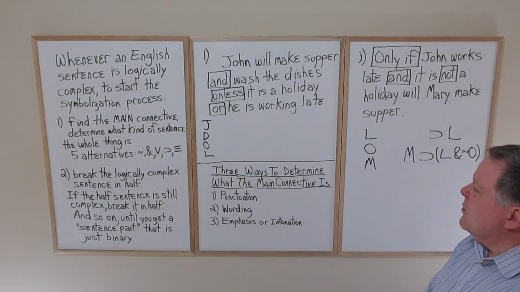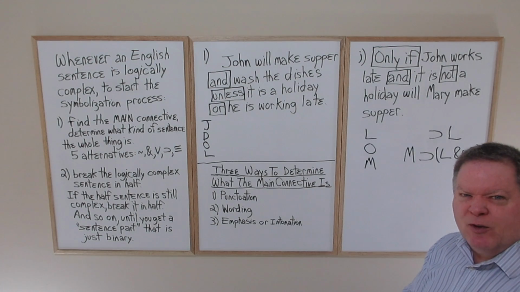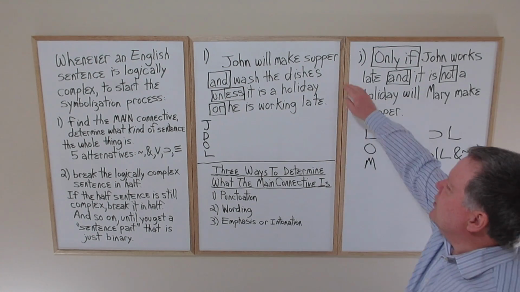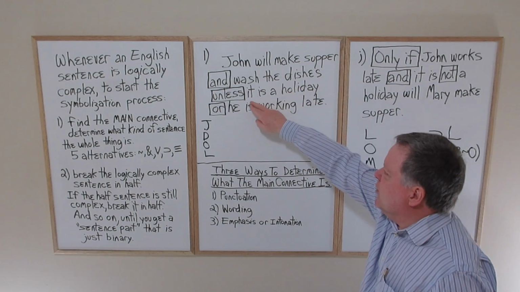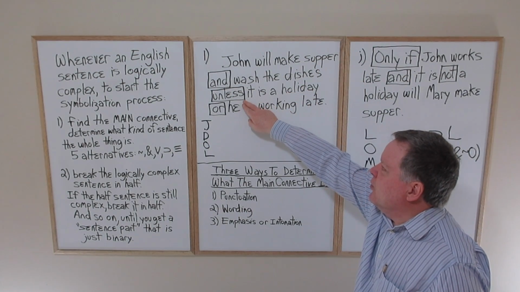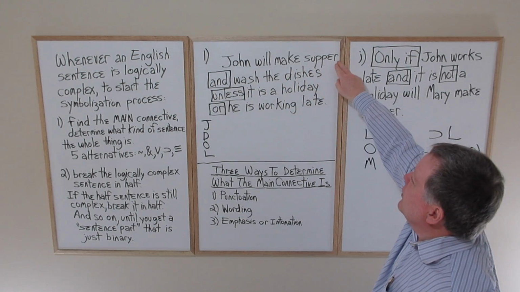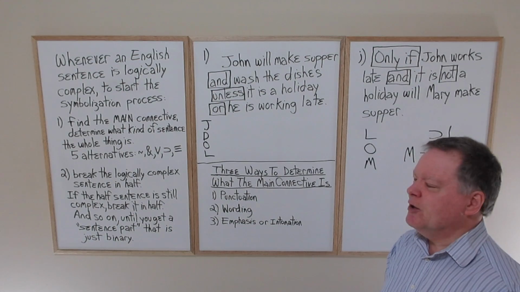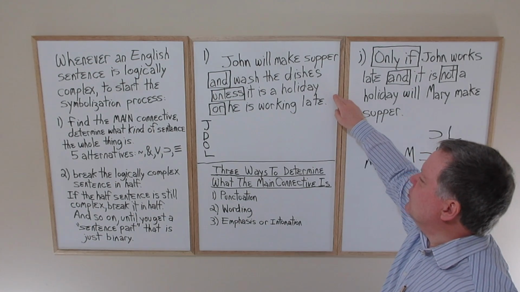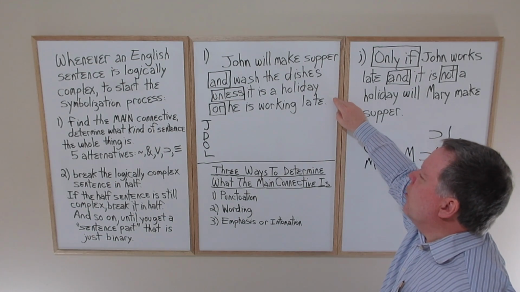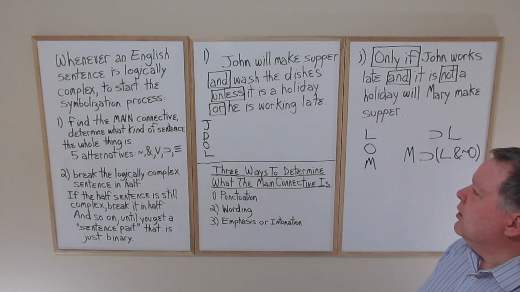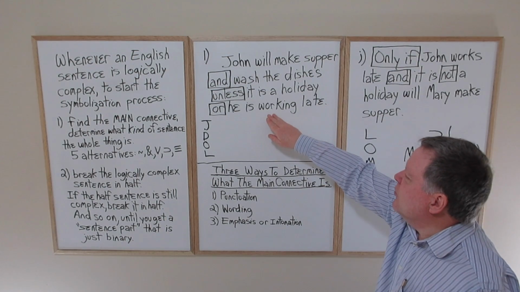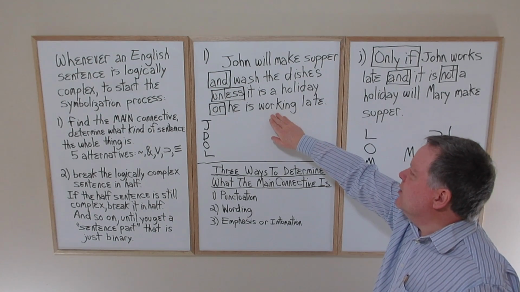The suggested meaning, or the clear meaning I would say here, is that it's a conditional. So the main connective of the sentence is indicated by the word unless. John will make supper and wash the dishes, unless it is a holiday or he is working late. So the part that comes immediately after the unless is the remainder of the sentence.